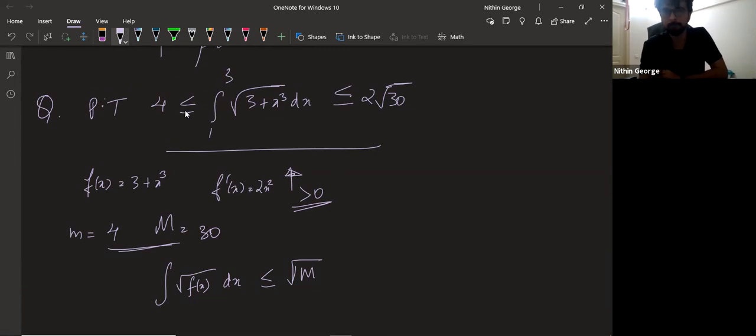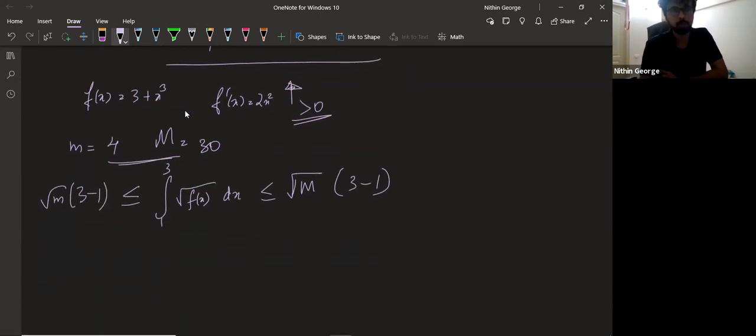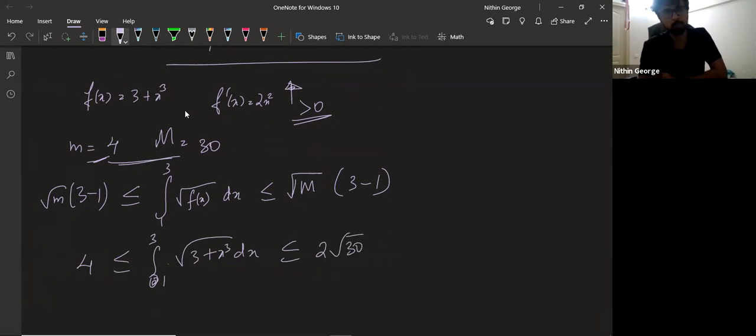That is, it will be greater than or equal to root of small m into 3 minus 1. So root of small m is 2, 2 into 2 is 4. It's less than or equal to the integral from 1 to 3 of root of 3 plus x cube dx, which is less than or equal to root of M, which becomes root 30, and then 3 minus 1 is 2. And this is how we prove it. Easy? Got this?